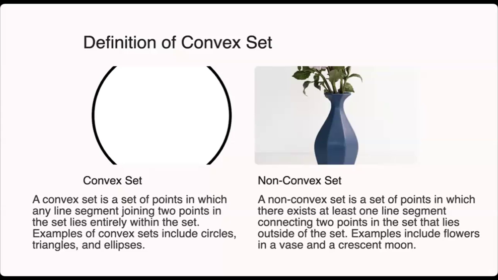You see that line belongs to the set. But on the right-hand side is a non-convex set. If you choose this point and this point and draw a line, part of this line does not belong to that set anymore, right? So it is a non-convex set.